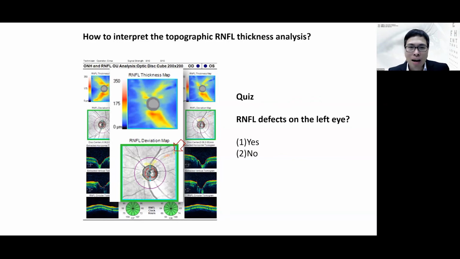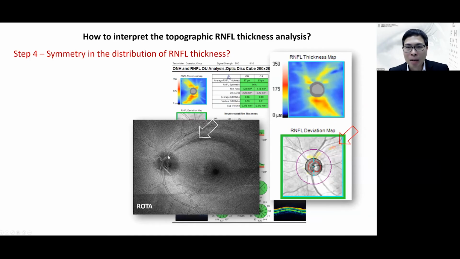Now, another pointer to determine whether the abnormality shown in the deviation map is genuine is by looking at the symmetry of the distribution of the retinal nerve fiber layer. We notice that the superior part of the retinal nerve fiber layer here is thinner than the inferior part based on the thickness map information.